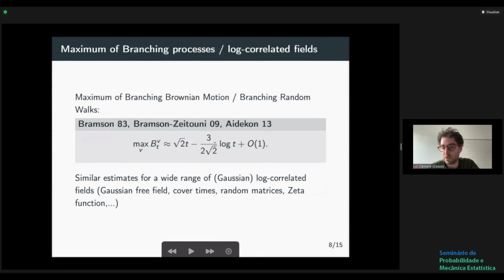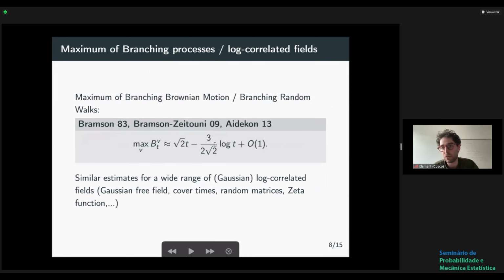That's the question we were interested in, and it's quite natural for polymers, because when you look at the maximum of the partition function, it's more or less looking at the favorite sites of the polymer. What you want to understand is how probable favorite sites are, and around the favorite sites, how the polymer is distributed. This is a very delicate question on small-scale localization properties in this regime.